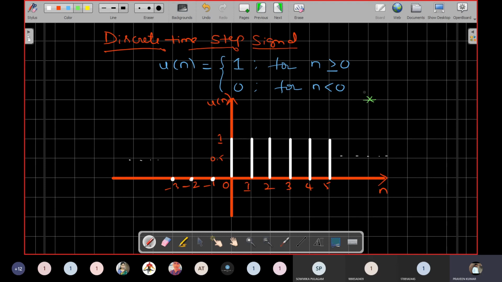For example, in real time, can you say the particular signal has an amplitude or value at time t is equal to -5 seconds? In real time applications, do you have any negative times? No. In real time, there is no negative time.